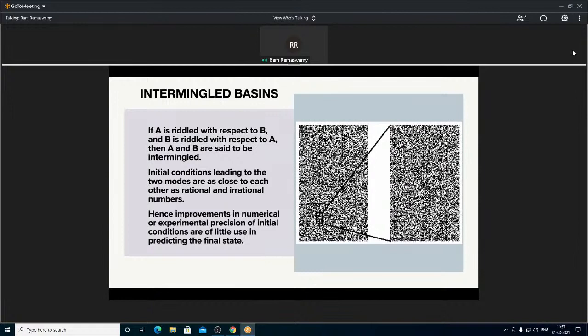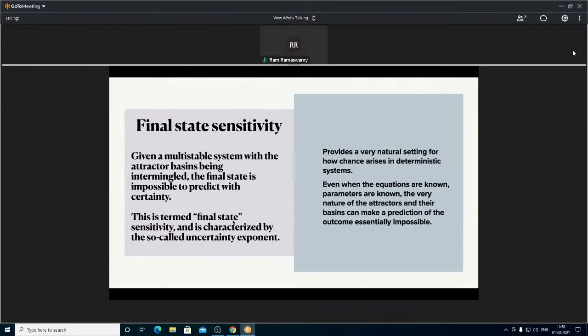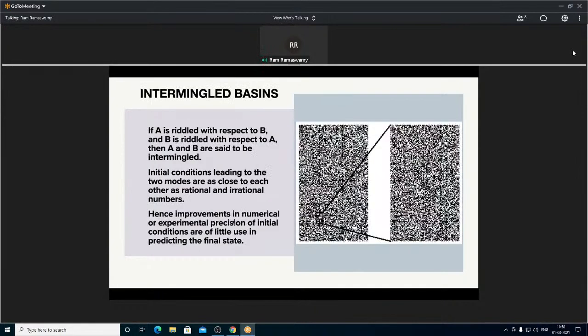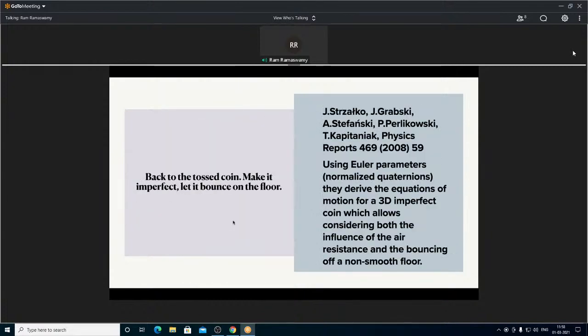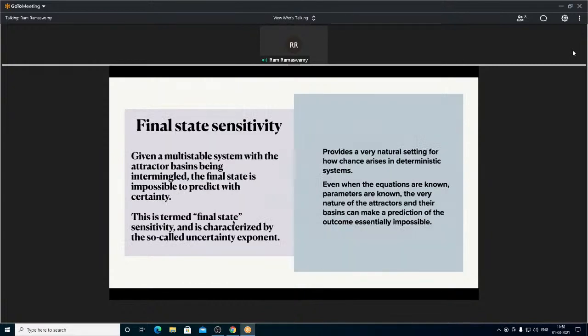And if I take a region over here and blow it up, it's going to look the same, and so on and so forth. Now, this says that I cannot be very precise in choosing where to go, because arbitrarily close by to where I have chosen my initial spot is a spot that leads to another attractor. And this is what we call final state sensitivity. Let me just not spend time on that, all right?